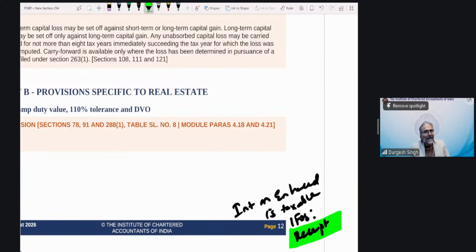So the homework is: which were the cases that we discussed in PGBP where the tax was on receipt basis, irrespective of your method of accounting? You may have a mercantile system of accounting. We don't care. We will tax you on receipt basis.